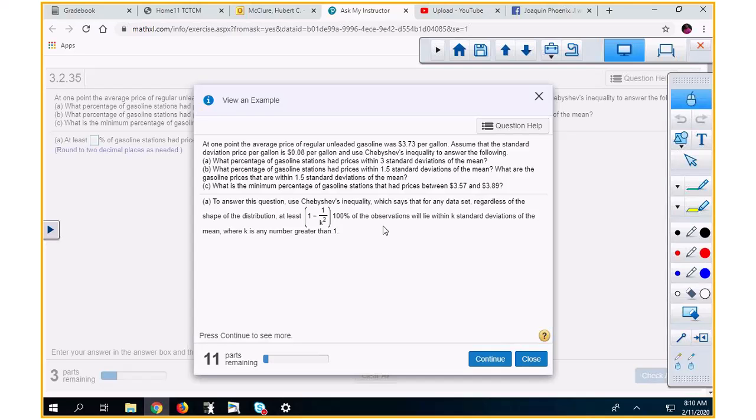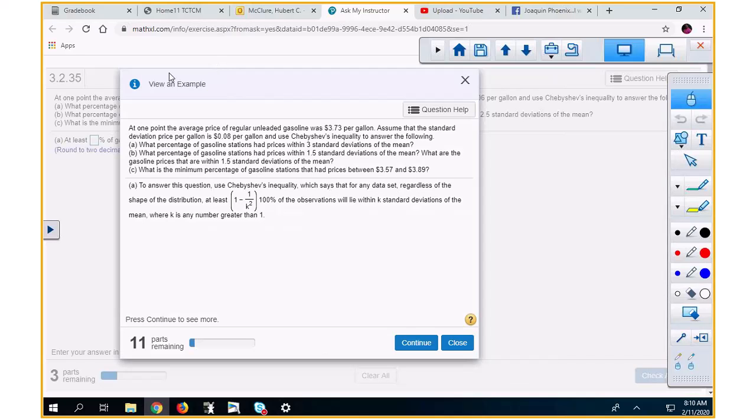All right, so they give us this problem, and we're just going to do this problem because I'm going to do it with you. This is not a test question. I don't even cover this material, so I'll do it because you need to make a grade. So it says at one point, the average price of regular unleaded gasoline was $3.73 per gallon.